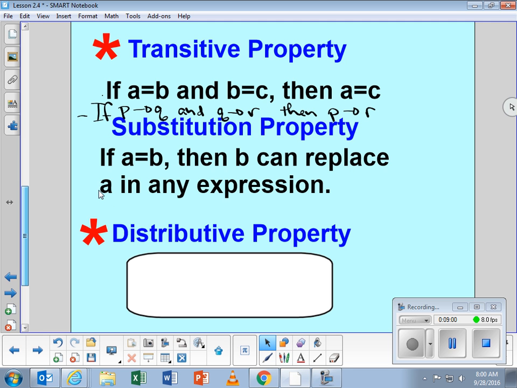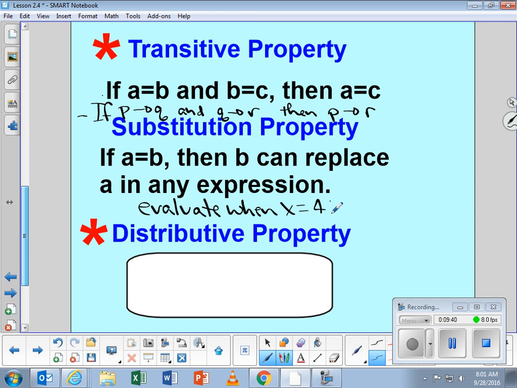Good. Substitution property. Probably never used that before, have you? It says that if A is equal to B, then B can replace A in any expression. Have you ever been given a problem that says evaluate 3x plus 2 when x equals 4?